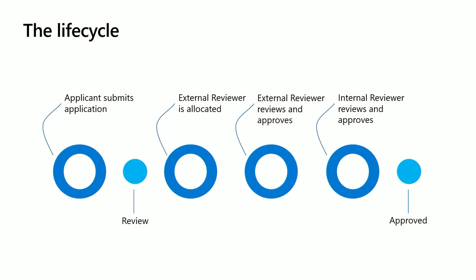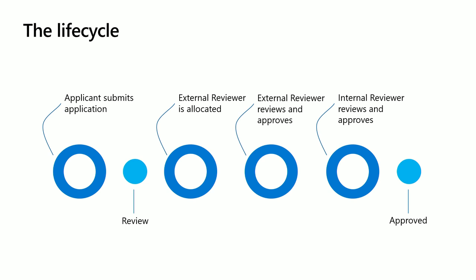In terms of the business use case, like I mentioned, it's going to reflect this. When the applicant submits the application, the business process flow stage will automatically update to review. Once the external reviewer has been allocated using universal resource scheduling, the external reviewer will review it and approve it through the Power Apps portal.